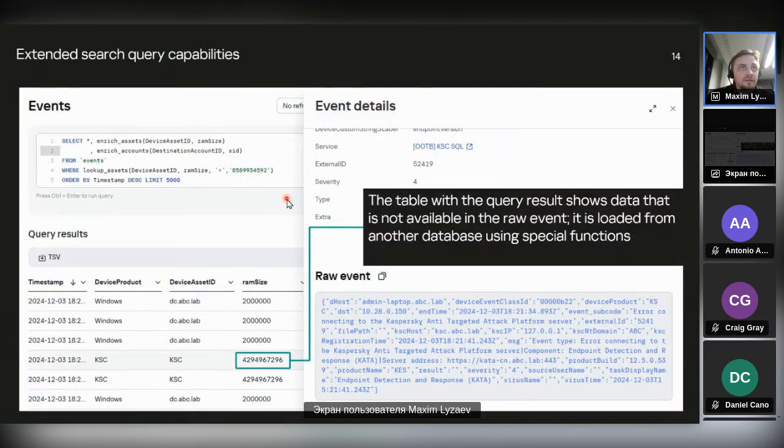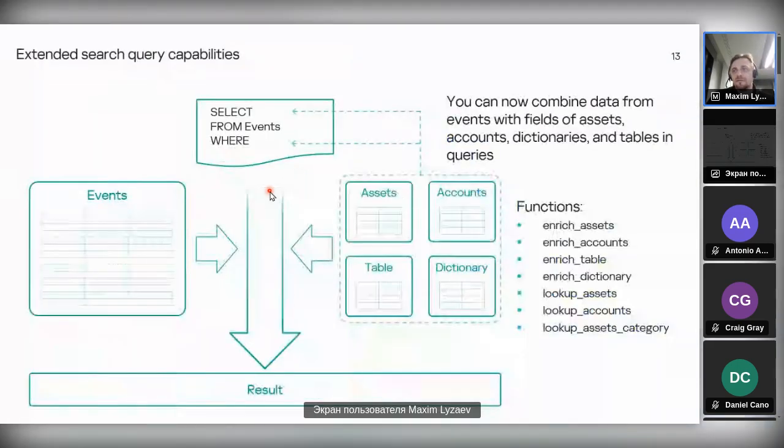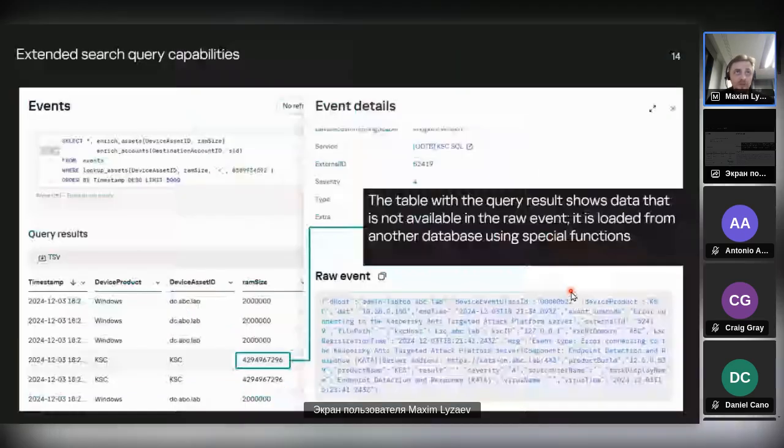As you may see, let me go back a little bit. We have two groups of functions, enrich functions and lookup functions. Enrich functions could be used in select. If you want to show some column with additional data, for instance, RAM size for your assets, you should use the enrich assets function. If you want to show something about accounts, you should use the enrich accounts function.